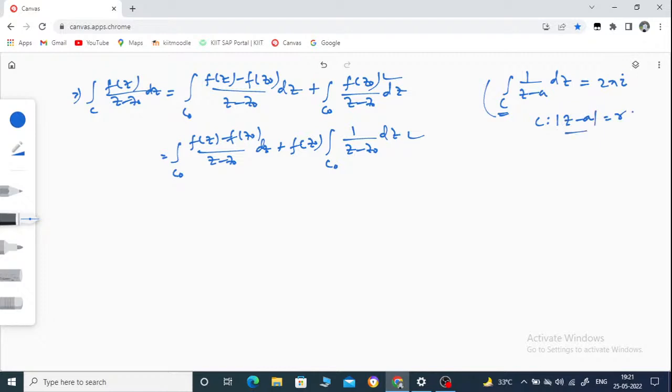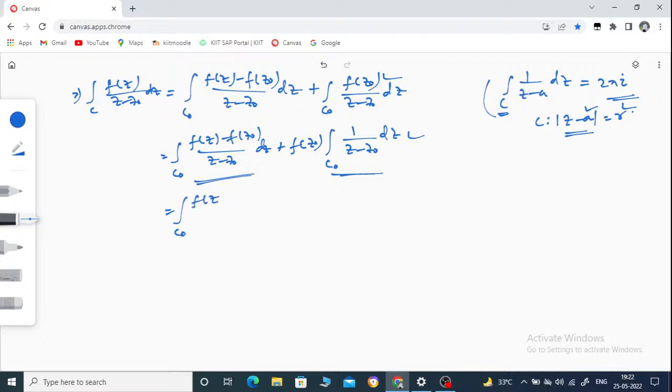That means this is a circle whose center is a and radius is r.